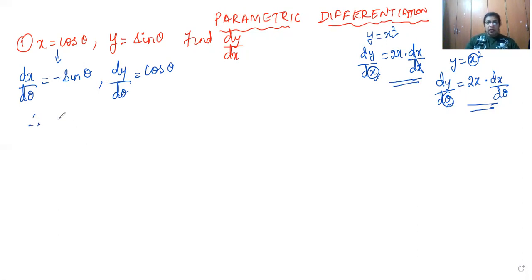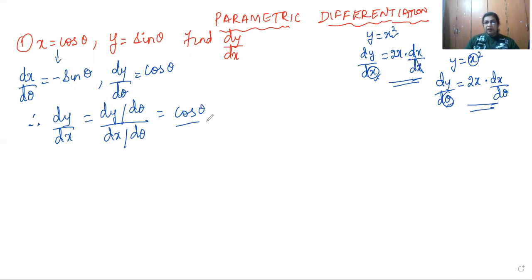Therefore, dy by dx is nothing but dy by d theta divided by dx by d theta. Be careful because you have found dx by d theta, don't write it on top. So that is equal to cos theta divided by minus sine theta. Cos by sine is cot. So the answer is minus cot theta.